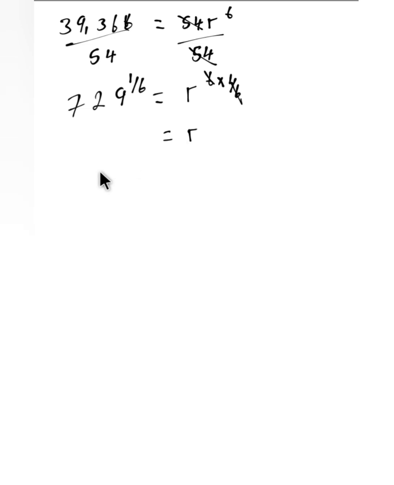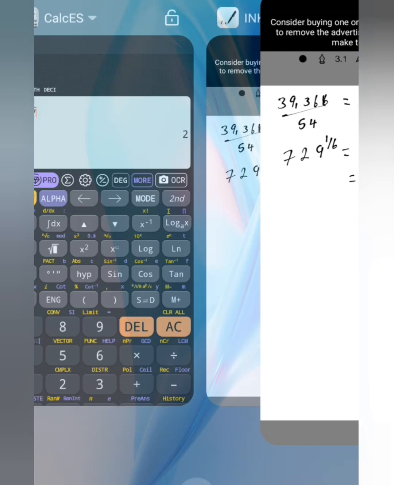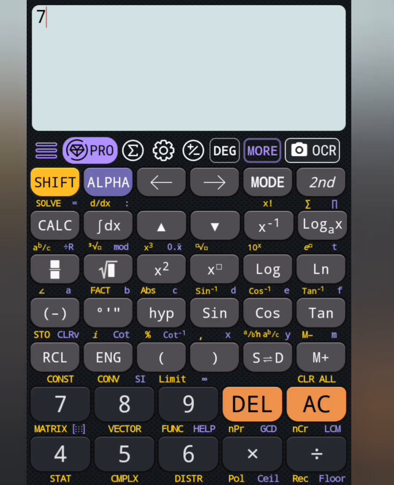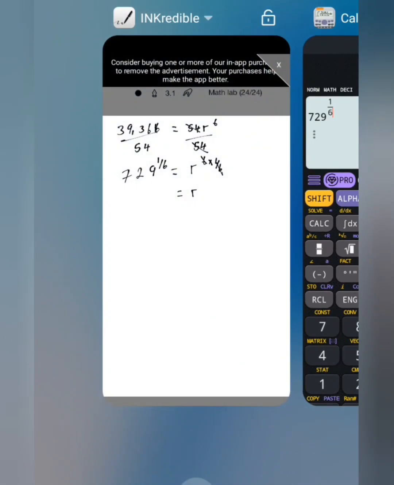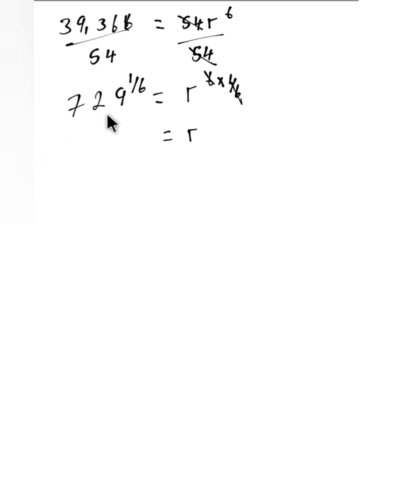Here we're left with r. So now 729 raised to the power 1 over 6. We can just use our calculator to get that. 729 raised to the power of 1 over 6. The answer is 3. So let's go back. 729 raised to the power 1 over 6 is 3. So therefore, r is equal to 3.